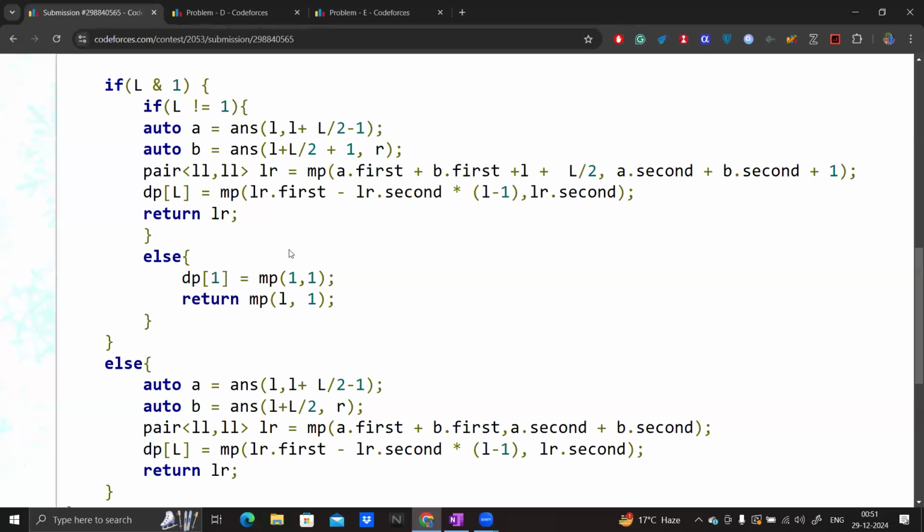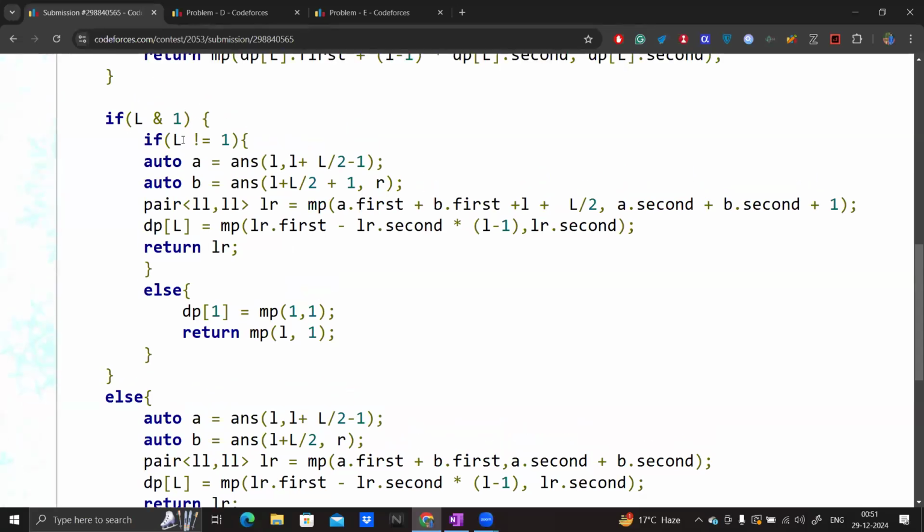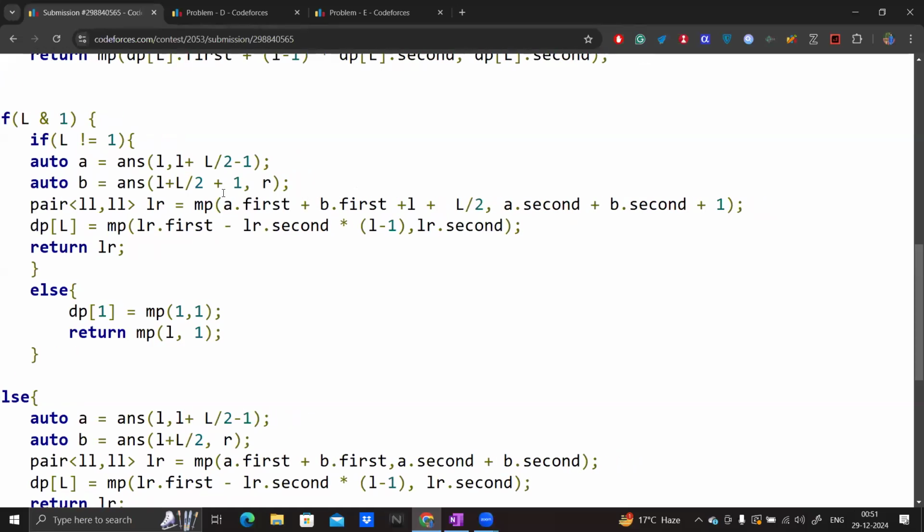And basically, if L is not equal to 1, then I'm finding the answer for the left half and for the right half, and then I'm combining them. MP is make pair, yes.